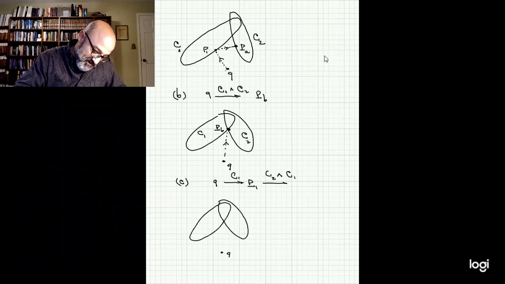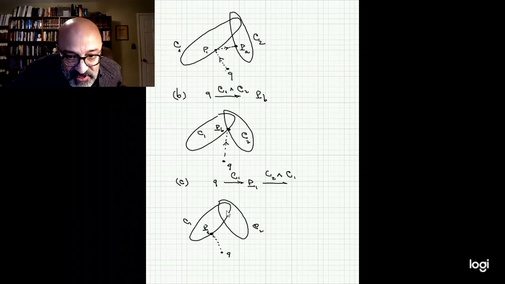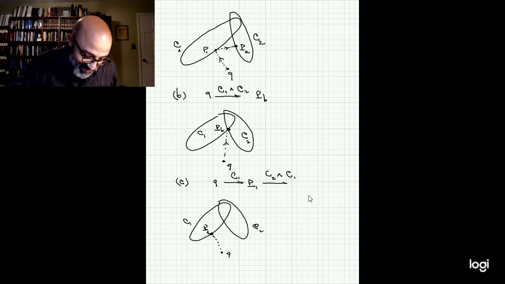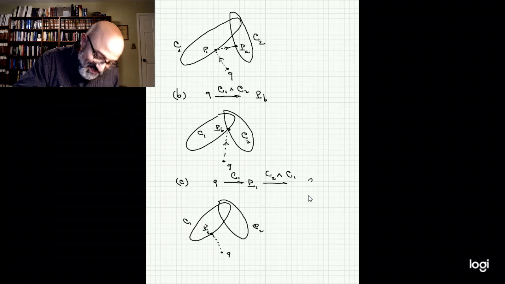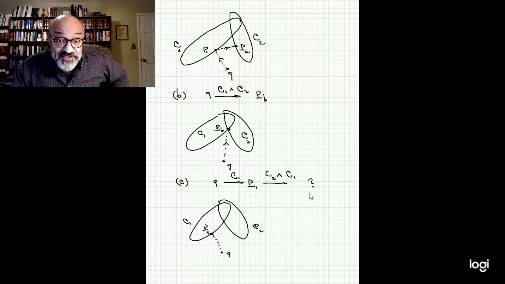You go from Q to P1, so this is C1 and this is C2. And then from P1, you have to update to this region here. And so it's an interesting question to ask, what under those circumstances is going to be the actual result?